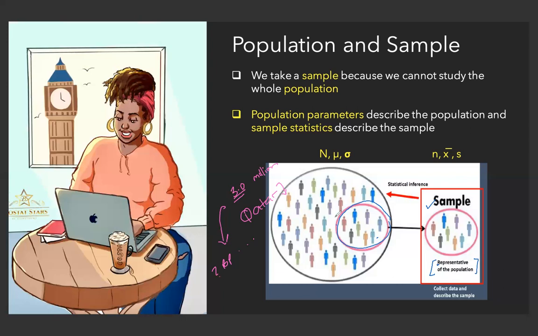Why is it important? Because remember, initially, we actually had a research question for the whole population. But because we couldn't study the whole population, this was the reason why we took the sample.